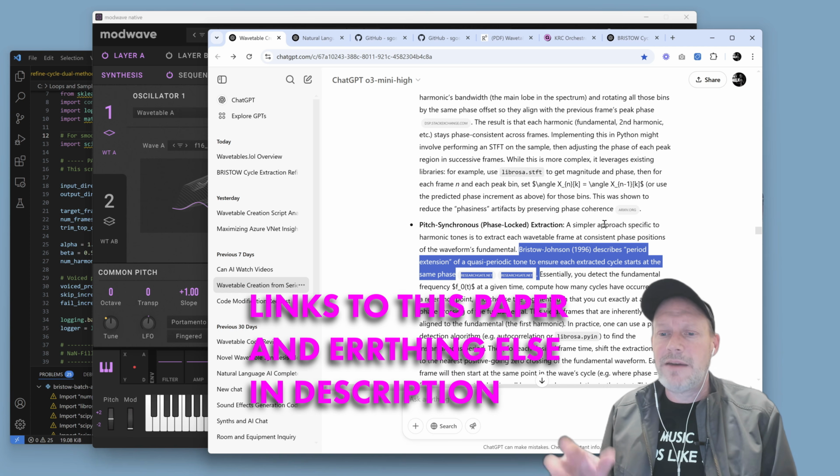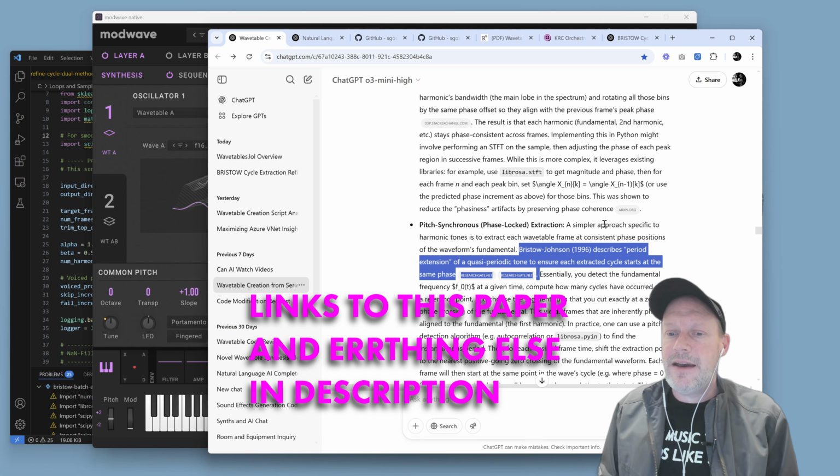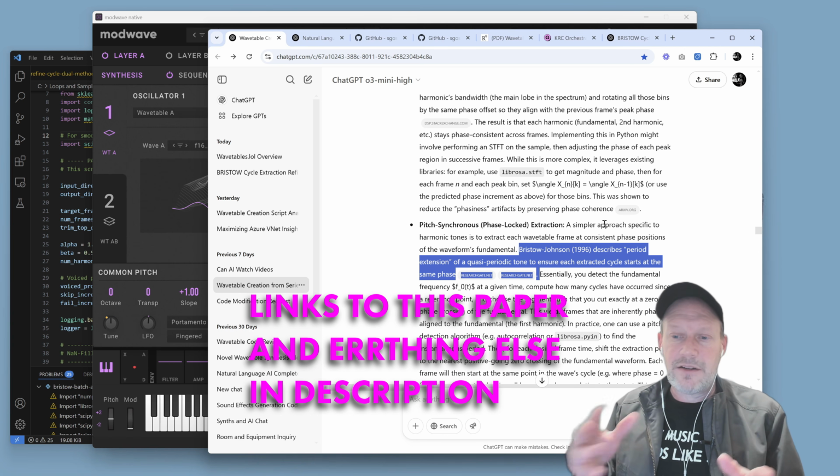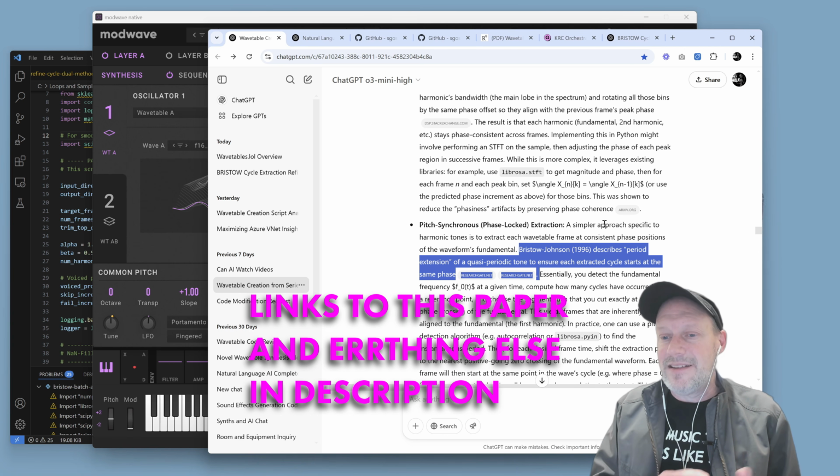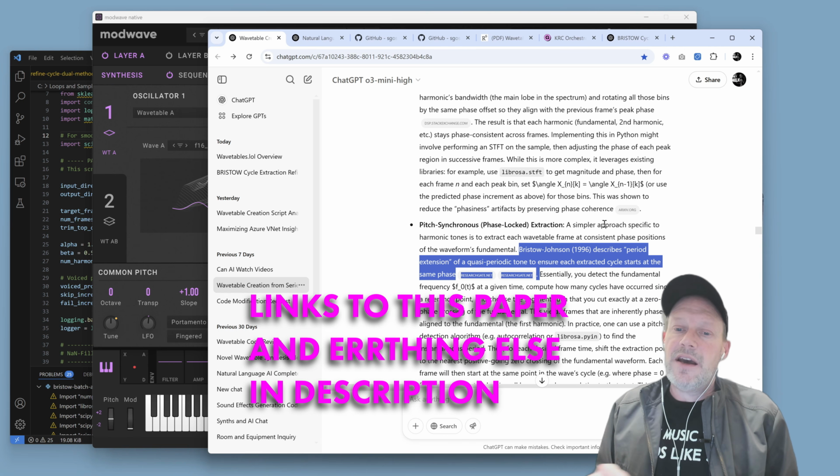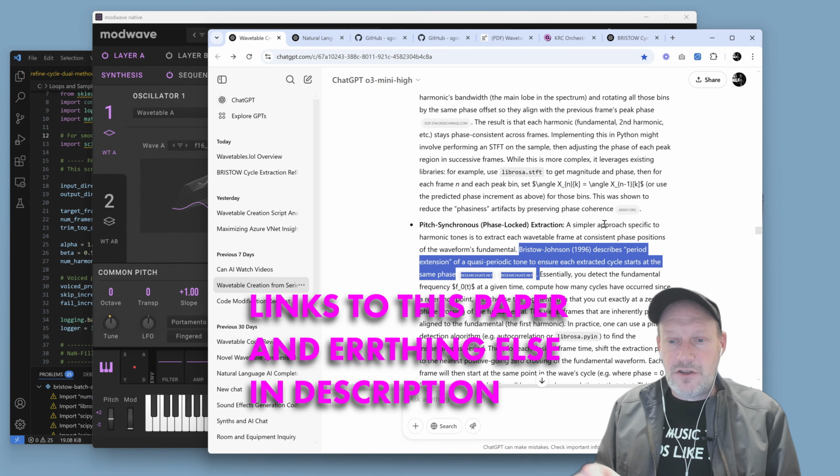It's not really talking about wavetables in the way that we know them today, but just the concept of single cycle waveforms in a synthesizer. And it also has a great discussion of how to do pitch synchronous extraction.